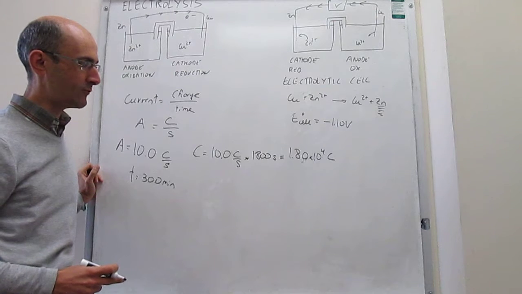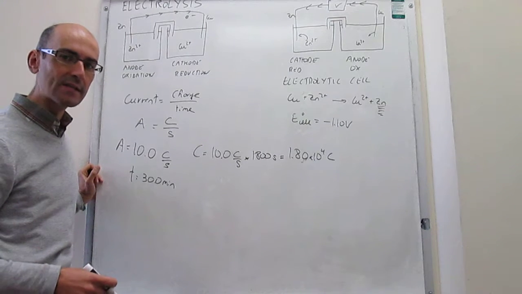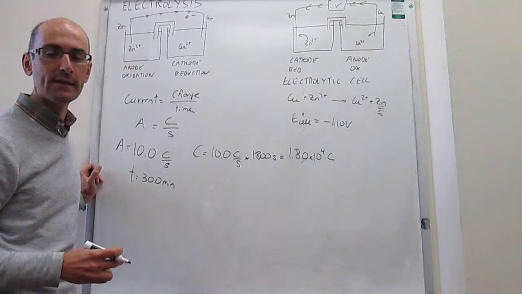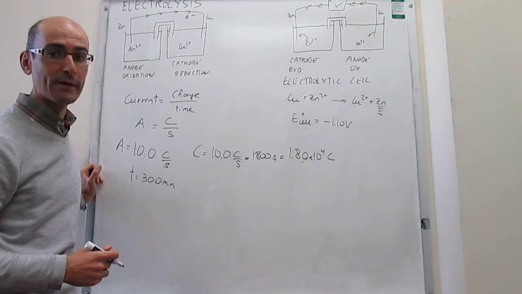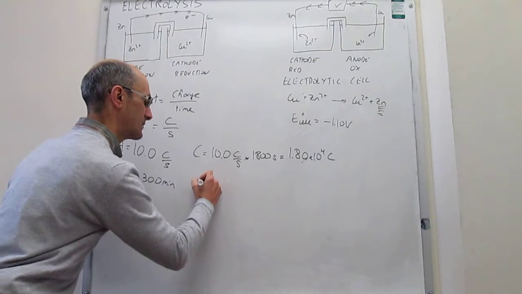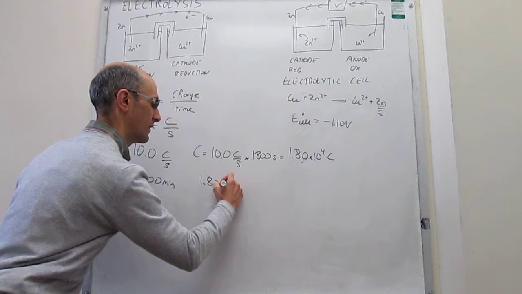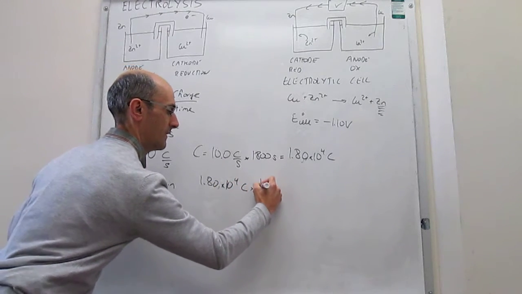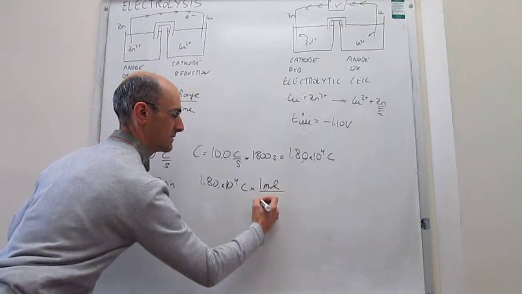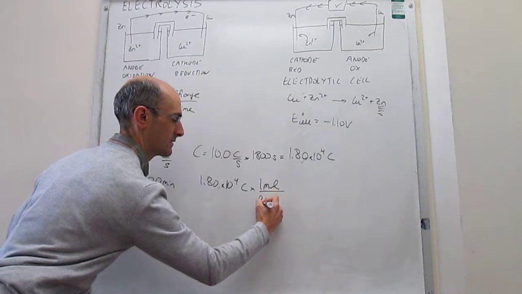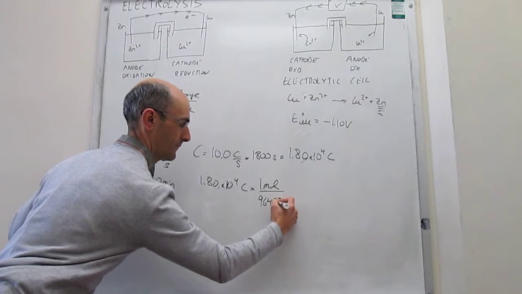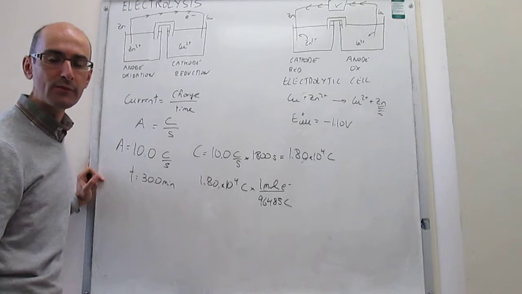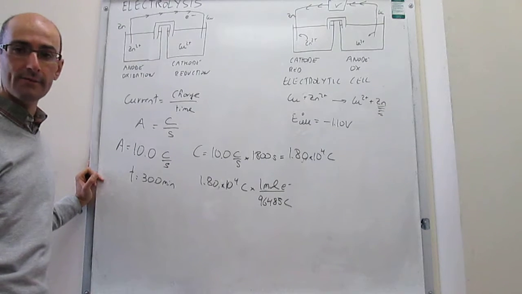All right, so how do we do that transformation? Well, that is what Faraday's constant gives you, because Faraday's constant tells you what is the charge supplied by a mole of electrons. Right, so if we take this charge, 1.80 times 10 to the 4 coulombs, and then we divide over Faraday constant, which is 96,485 coulombs per mole of electrons, then this will give us the number of moles of electrons that we have supplied.